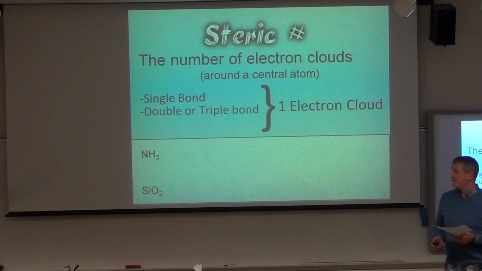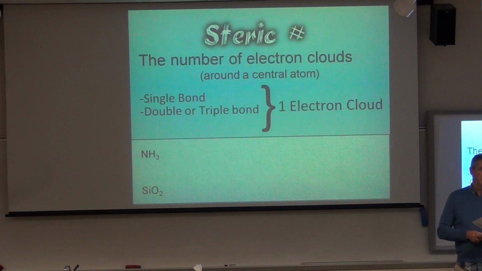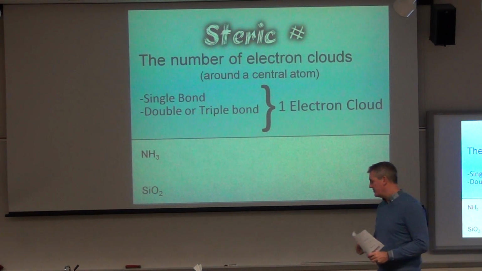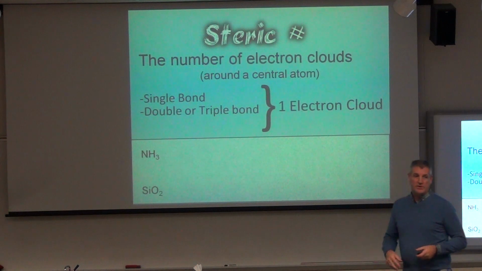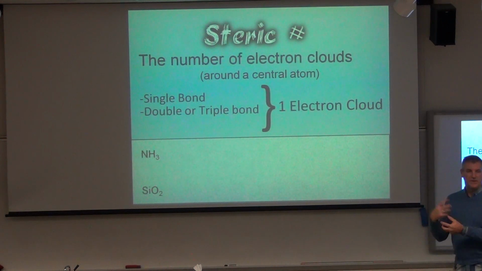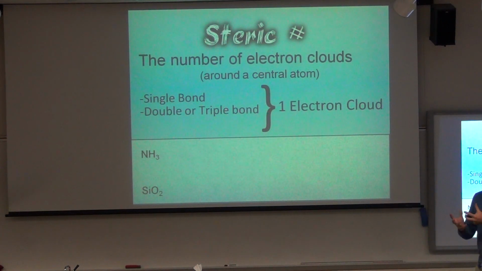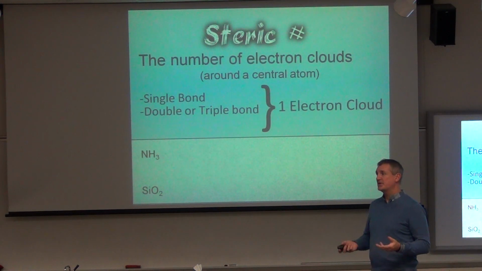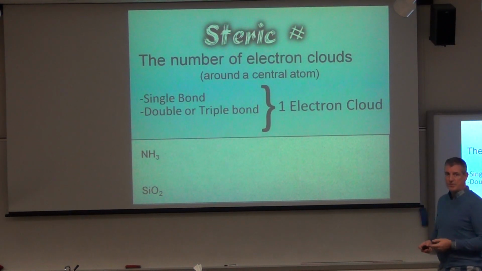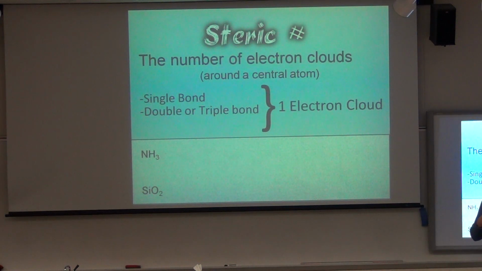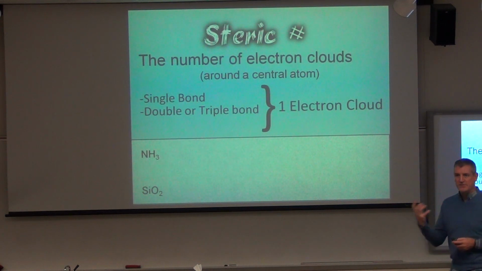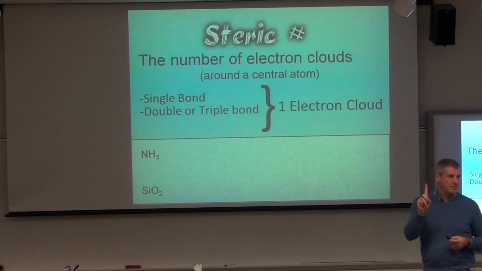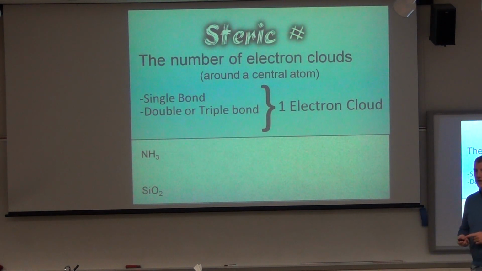But in the same way, if it's a double or triple bond, instead of having 2 shared electrons producing this cloud between the 2 atoms, you're going to have 4 electrons zipping around in this same cloud of space for a double bond, or 6 electrons if it's a triple bond. Whether it's 2, 4, or 6 electrons, they're all in the same cloud, so it's only going to be considered one cloud.